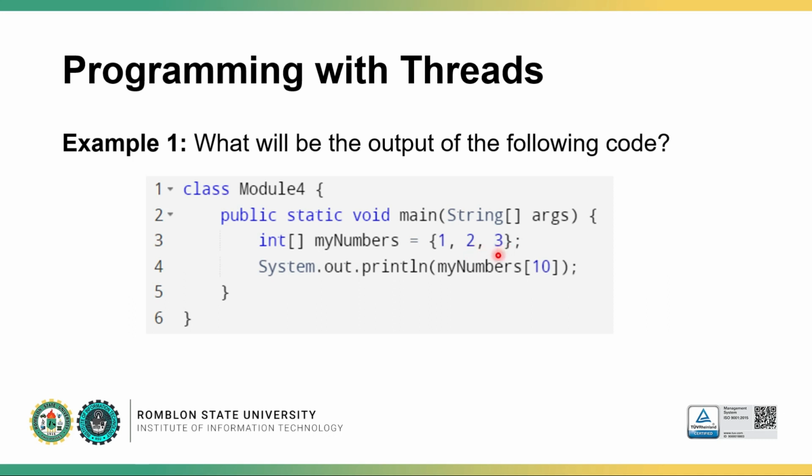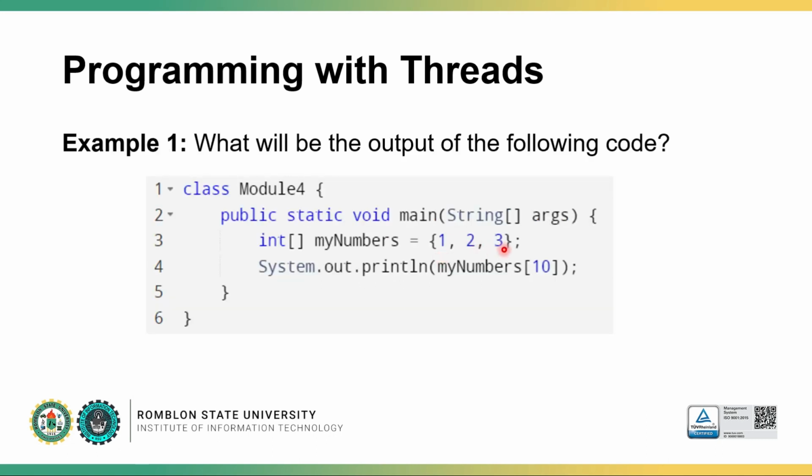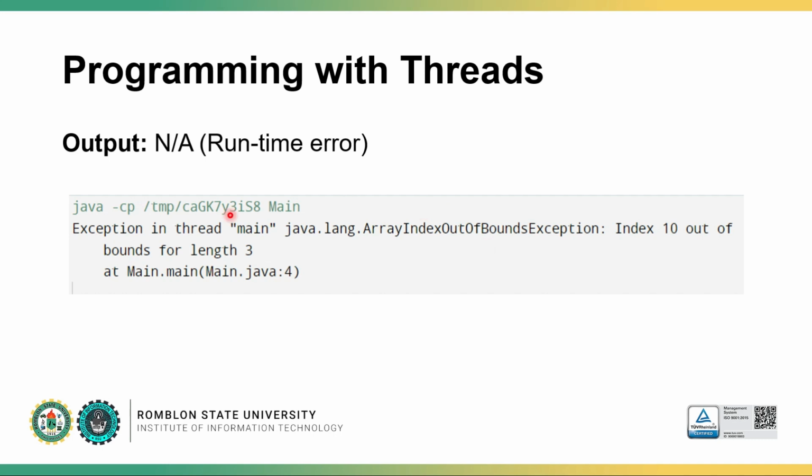We want to try to output the number at the 10th index. But we know there are only 3 indices in this array, so we expect an exception.